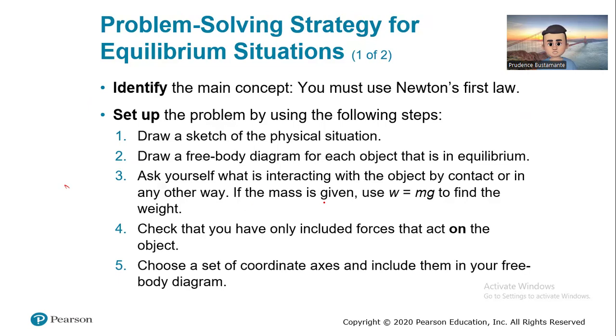If the mass is given, use the weight equal to mg to find the weight. Check that you have only included forces that act on the object. Choose the set of coordinate axes and include them in your free body diagram.